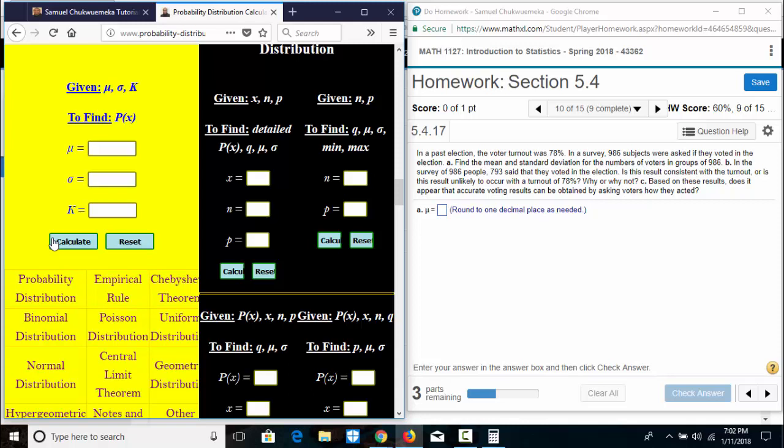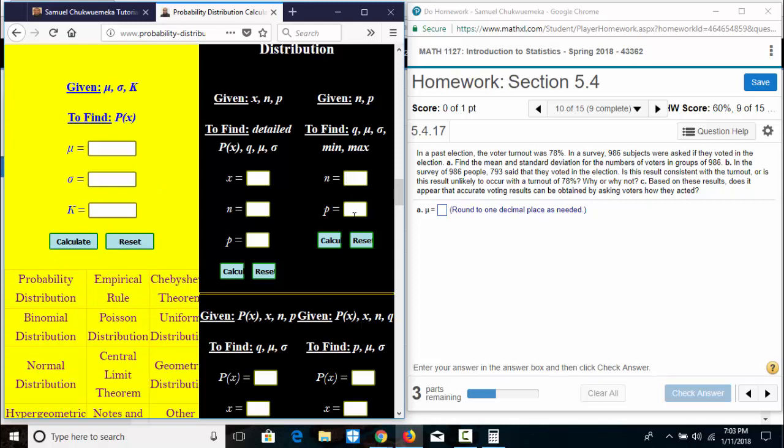B. In the survey of 986 people, 793 said that they voted in the election. Is this result consistent with the turnout, or is this result unlikely to occur with a turnout of 78%? Why or why not? C. Based on these results, does it appear that accurate voting results can be obtained by asking voters how they acted?